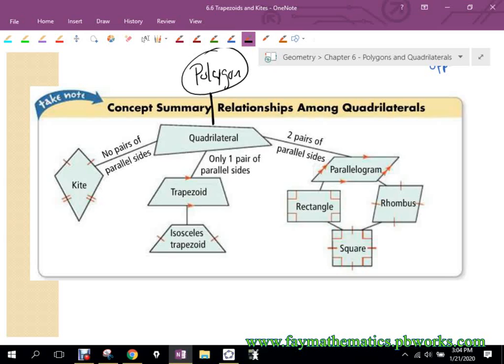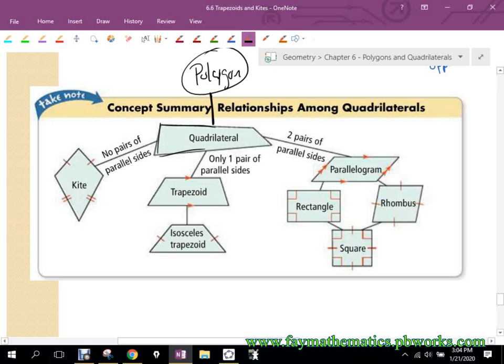But one thing you've got to make sure of: if you get to the point where you're in the coordinate plane, and we'll do this a little bit tomorrow, and you see that none of the slopes are the same, you can't automatically say it's a kite. Does that make sense? If none of the sides are parallel, it could actually be this shape here.